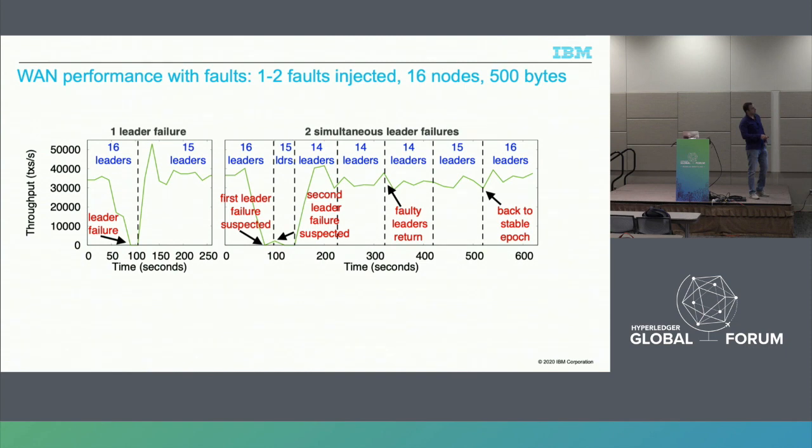And then you have the example where 2 leaders fail, and then we go back to 14 leaders, and then we include the 15th leader, etc. But basically, you see that the average throughput in this example would be probably around 30,000 transactions per second or so. So the protocol does actually eliminate leaders and come back to good performance.